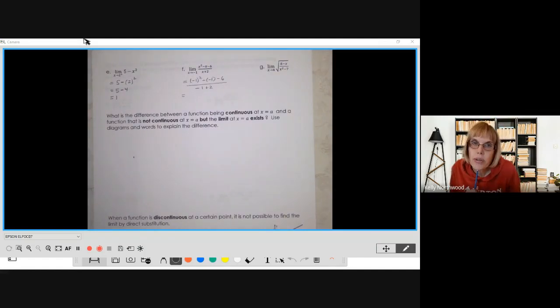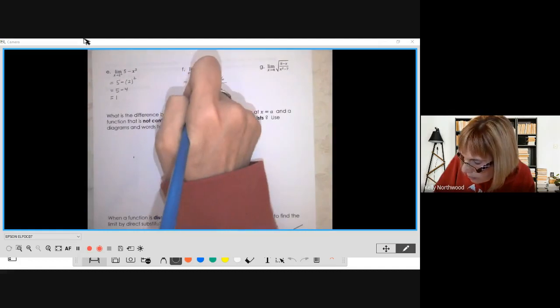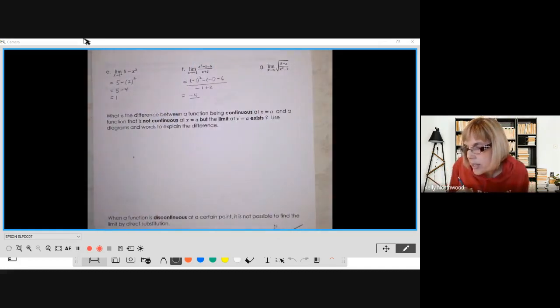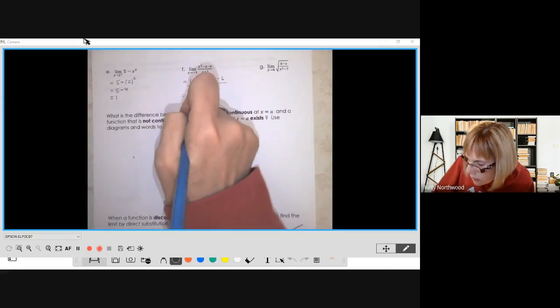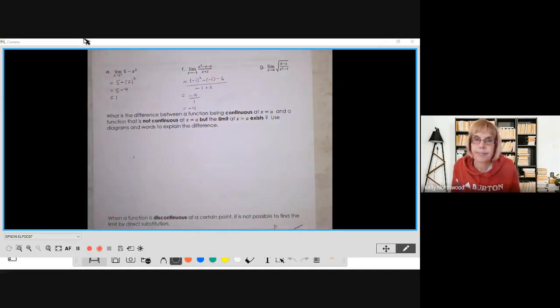Once you've substituted, the numerator is going to be 1 plus 1 minus 6, so -4, and the denominator is going to be 1. So the limit is going to be -4.